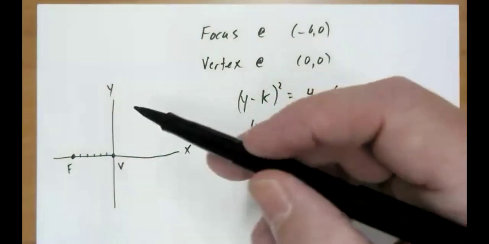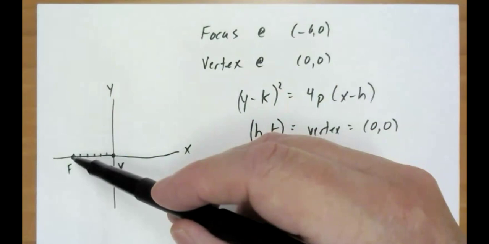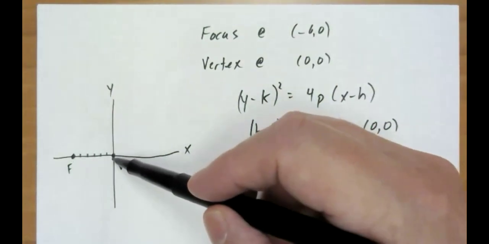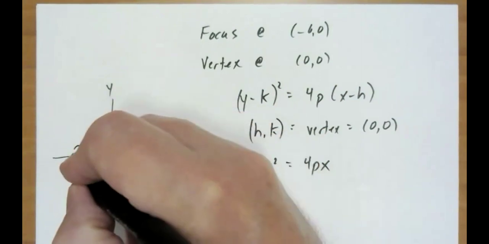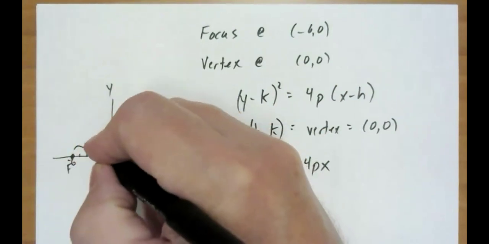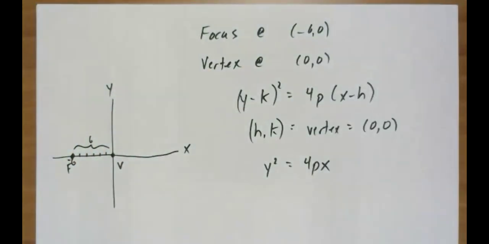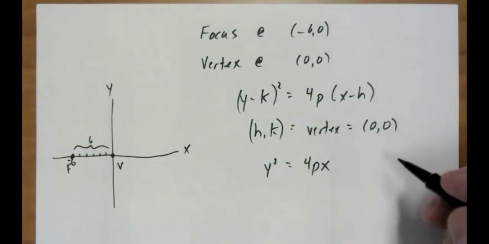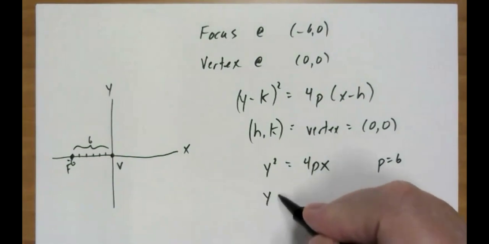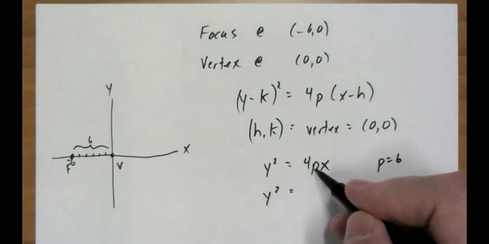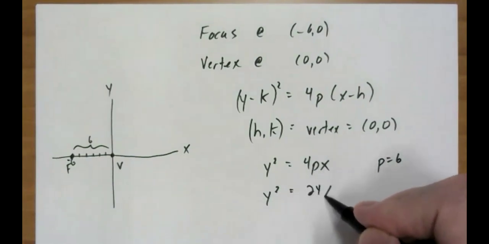Well, p is simply the distance between the focus and the vertex. So you can see here, since this point here is -6, this distance is 6, so p is going to equal 6. So now I plug in 6, I get 24x.